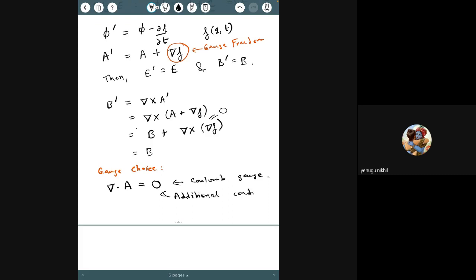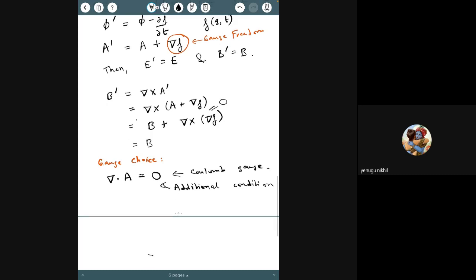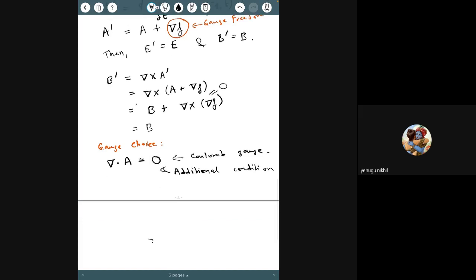But this does not uniquely specify the function f either. It restricts the domain of f. How does it do that? If you impose the Coulomb gauge, then the divergence of A prime is also zero.